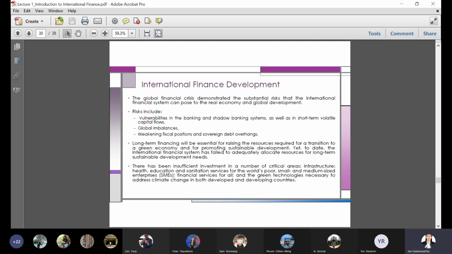You can see the example of Greece and some of the countries in the Euro area. And you can see some countries have a weakening in fiscal position as well. And we see some vulnerability in capital flows, especially from the advanced economies.